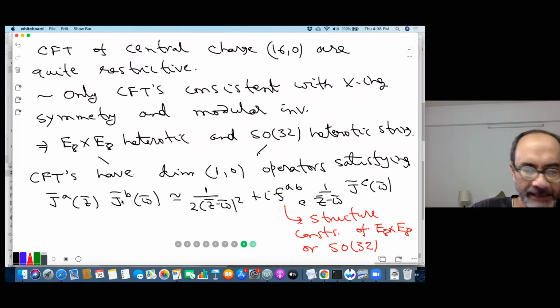Given the existence of such operators, we can construct physical vertex operators, like the physical string states as follows. Let me write it.